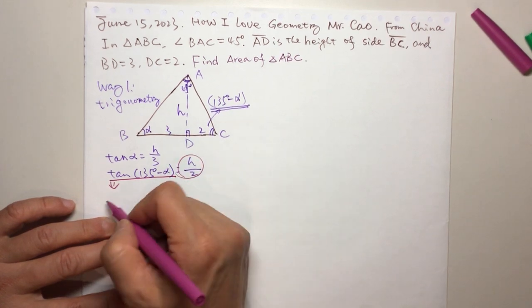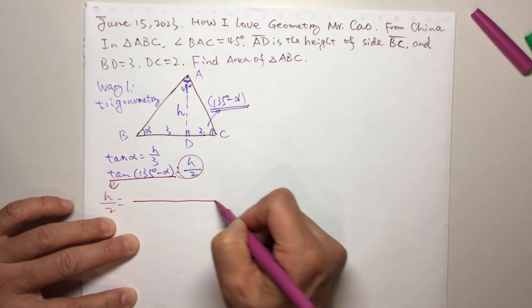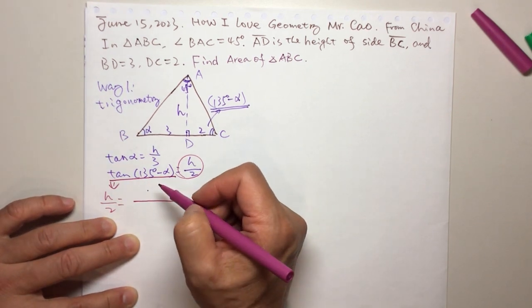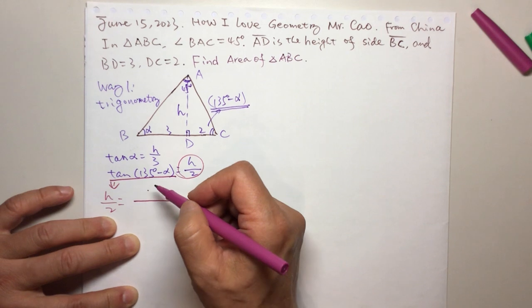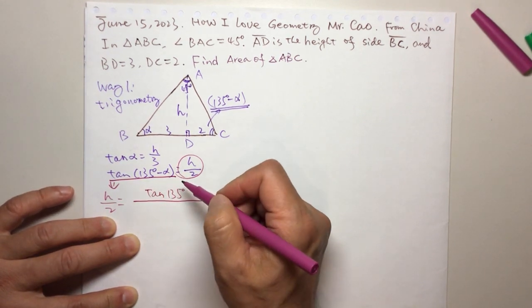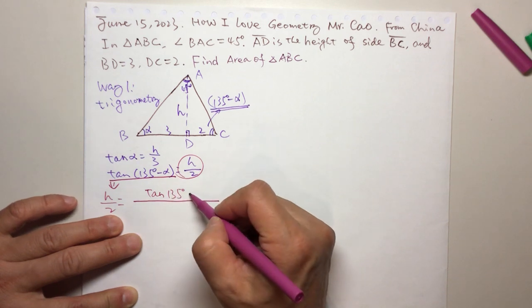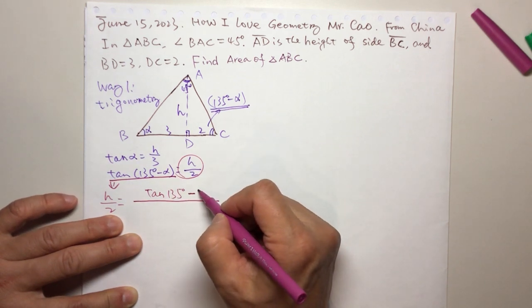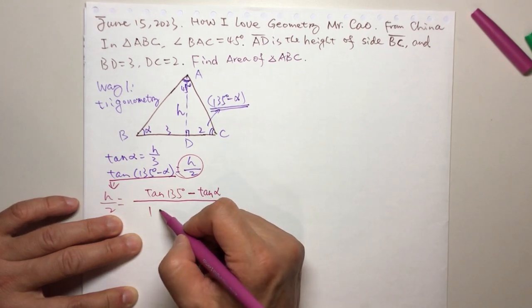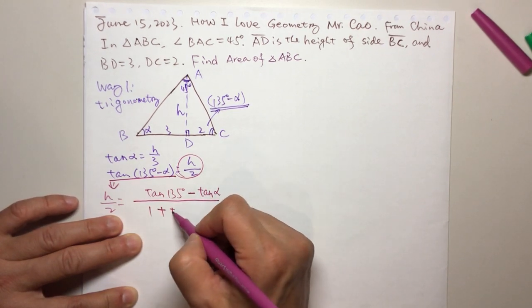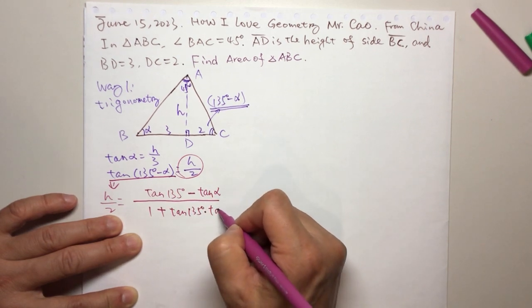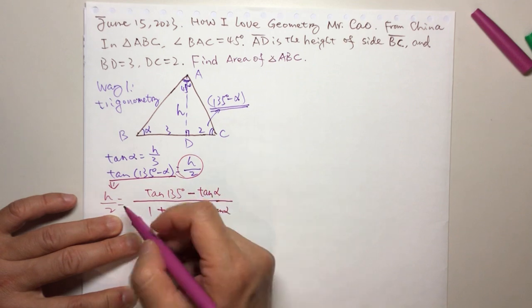So h over 2 equals tangent 135 degrees minus tangent alpha, over 1 plus tangent 135 degrees times tangent alpha.